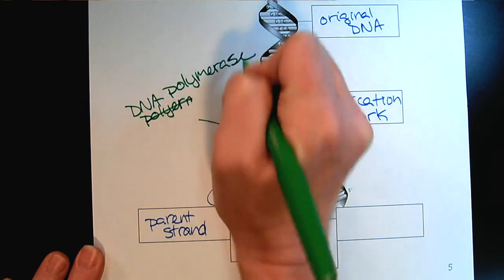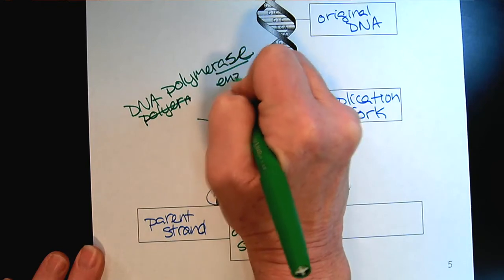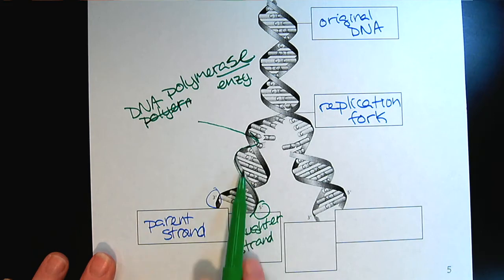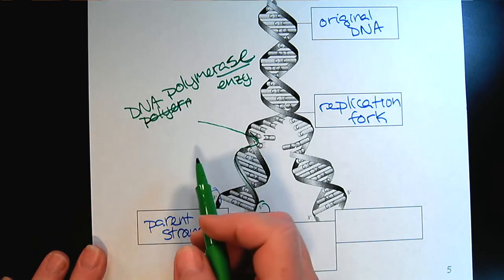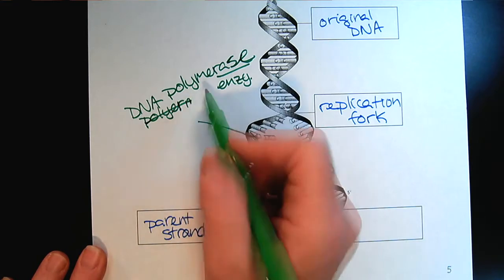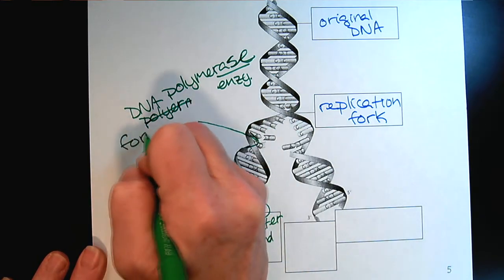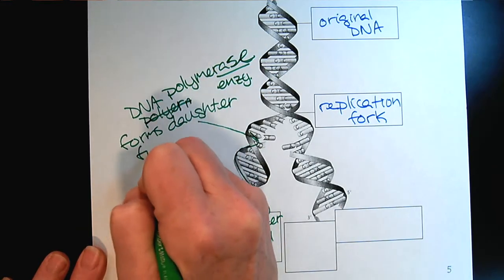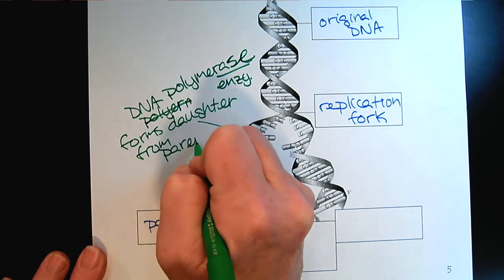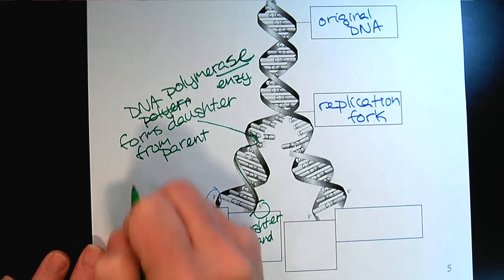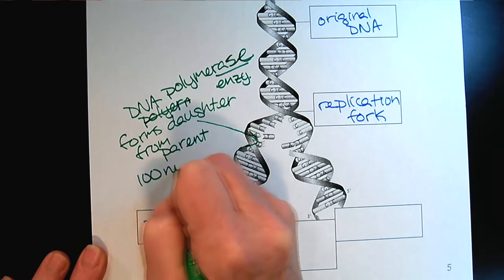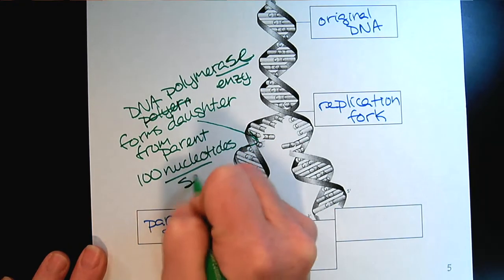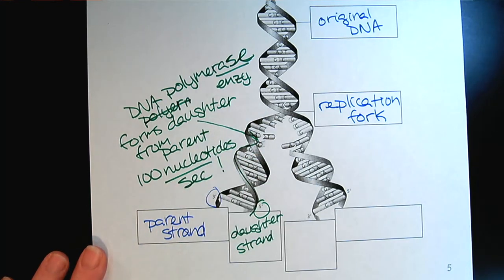Once again, we recognize that this is an enzyme, and it's creating a polymer of DNA. It's forming the daughter strand. So DNA polymerase forms the daughter from the parent. And this is amazing. This happens at a rate of 100 nucleotides, what do you think, per hour, per minute, per second? Amazingly fast.